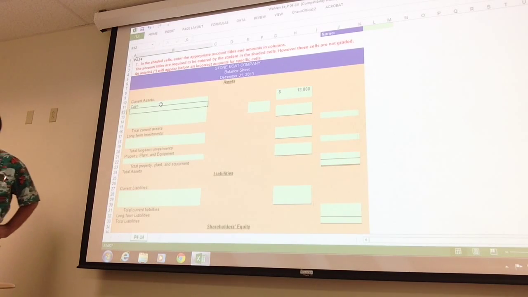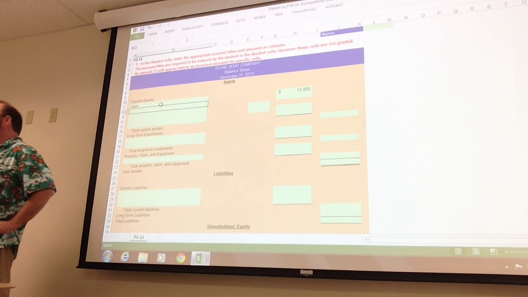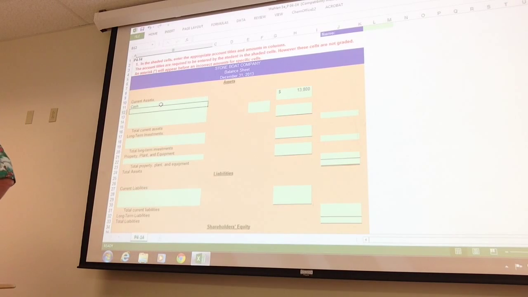Accounts receivable are trade accounts. They're handshakes. A note receivable is a legal document. It has a promissory note that backs it up. You can take it to court and collect it. So it has a higher amount of liquidity. The note receivable totals $17,000.